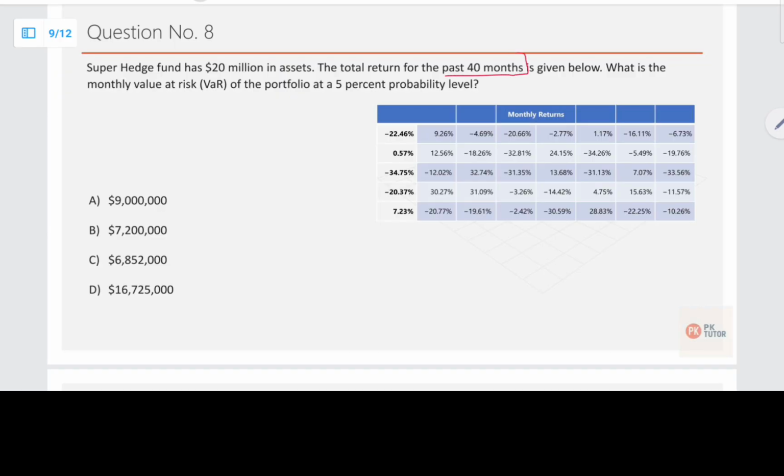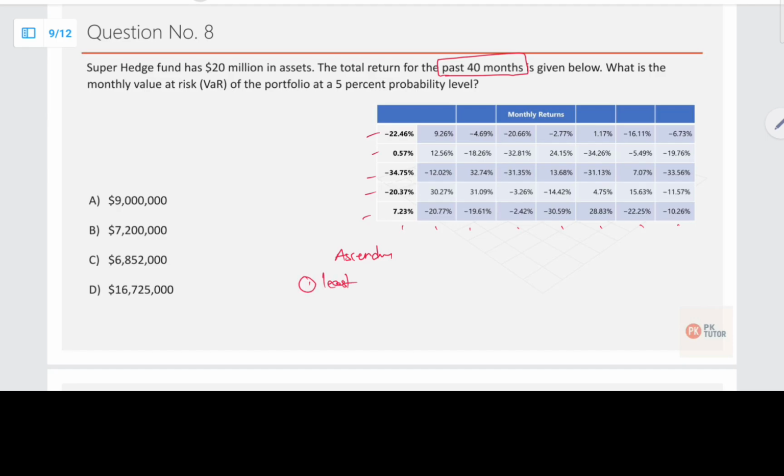So 40 months data, 40 months. So you have to rearrange it in ascending order because negative will be the first one here, so the least one.